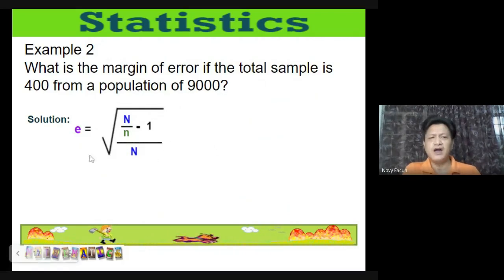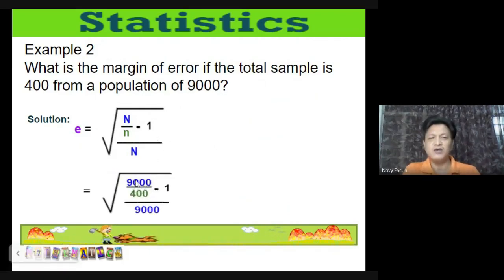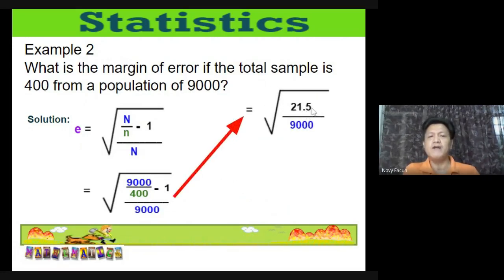So with that, you're going to substitute kasi given na yung total population natin, which is 9,000, yung 400, yun yung sample size natin. Okay, so this is constant yung minus 1 dyan, then you are going to divide first, 9,000 divided by 400, i-minus mo sa 1 yon. And then, that will become 21.5 over 9,000.